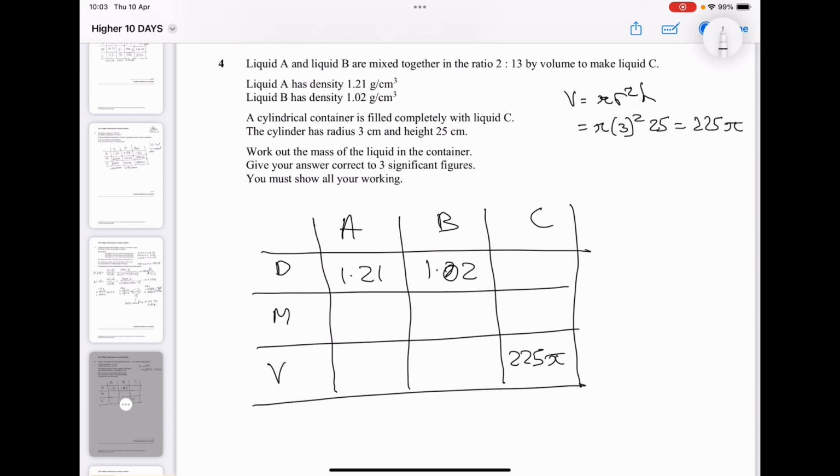Now I've then got to work out the volume of A and B. Well, if we look at it, the A is 2, B is 13, and add those two together to make C gives me 15. I want that to be 225 pi. So what's the multiplier? Well, 225 pi divided by 15 is 15 pi.